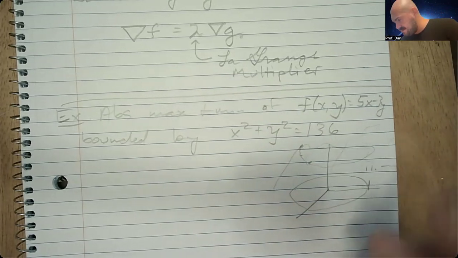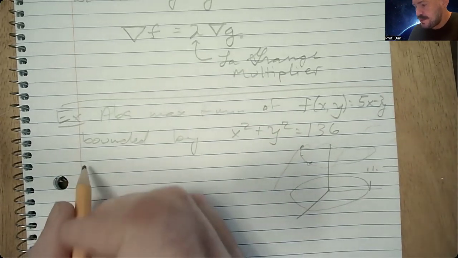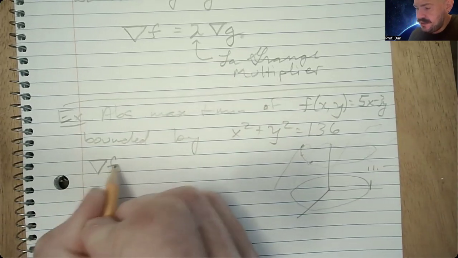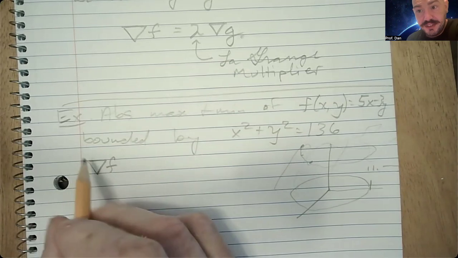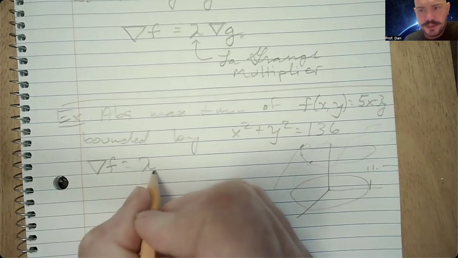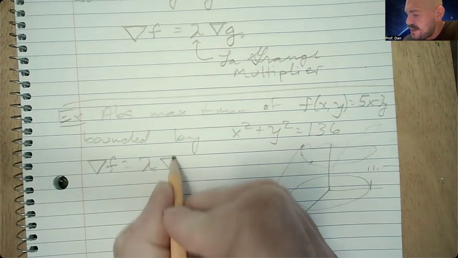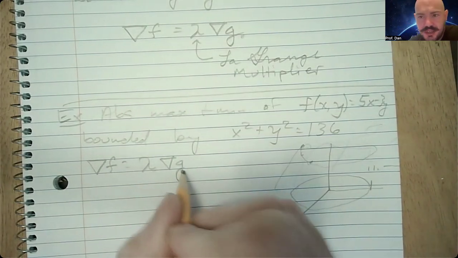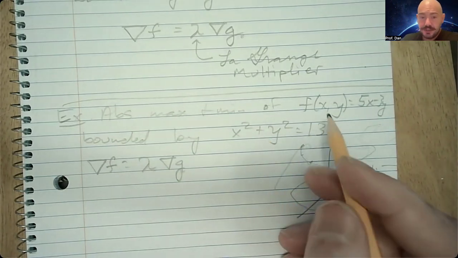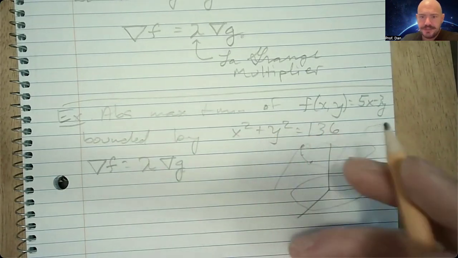So with that said, let's set up our equation. We know that del, the gradient of f, is equal to lambda, the Lagrange multiplier, times the gradient of g, where g is the boundary equation. Technically, you would want everything on one side, and that serves as your g.